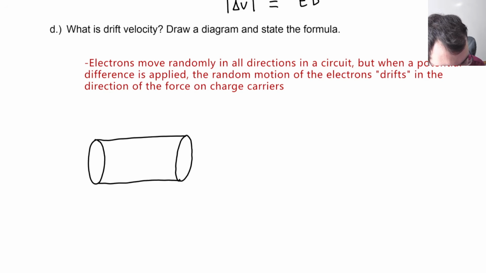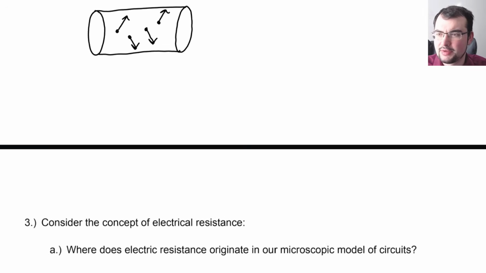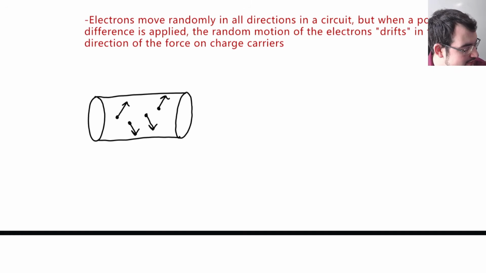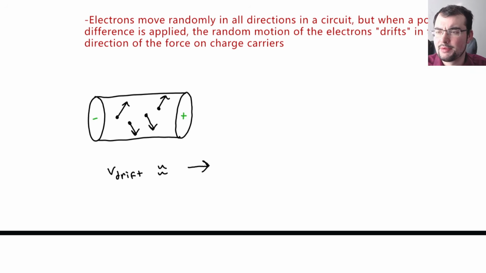And what drift velocity means is I could draw these electrons going in random directions, but mostly they're progressing to the right. If these were electrons, maybe this would be the positive and this would be the negative end of the resistor. And we'd see that our V drift is roughly to the right here.